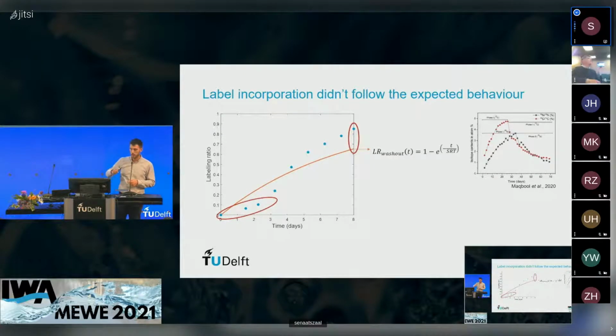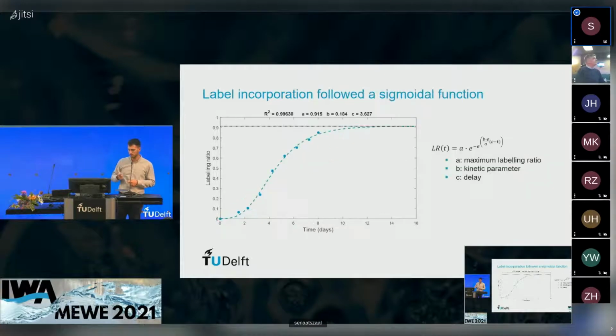But we clearly see that it's sigmoidal, so we use a sigmoidal equation to describe our data, with 3 parameters. A represents the maximum labeling ratio that we would have obtained if the experiment had lasted longer. Then we have a kinetic parameter represented by B, and lastly C represents the delay that we were talking about.